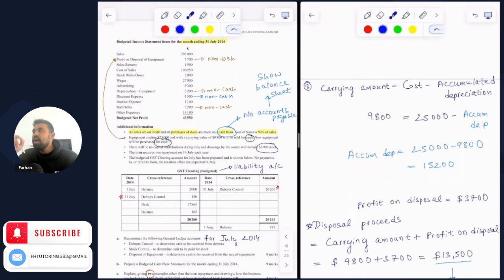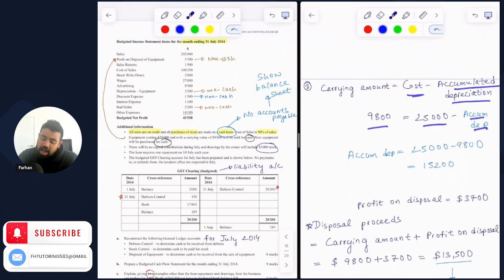So how do we find the carrying amount of any asset at a given point in time? We take the original cost and then subtract the accumulated depreciation. In this question, we are already given the carrying amount of 9,800 and the original cost of 25,000. The accumulated depreciation is something we do not know straight away.